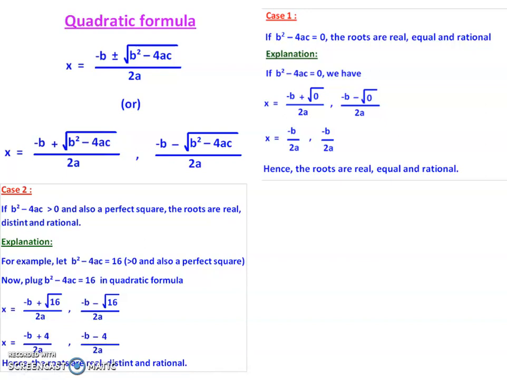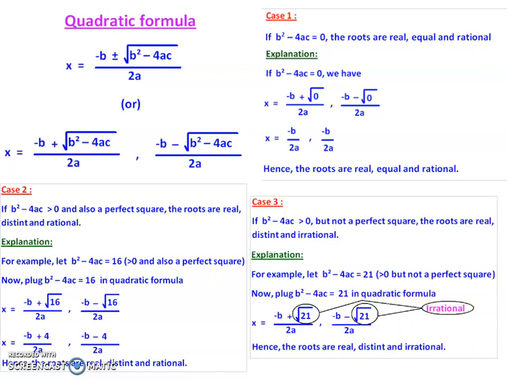Now, what happens if this b square minus 4ac is not a perfect square? Let's see. If b square minus 4ac is greater than 0 but not a perfect square. Students, you would have got many questions like that, where the b square minus 4ac is not a perfect square.